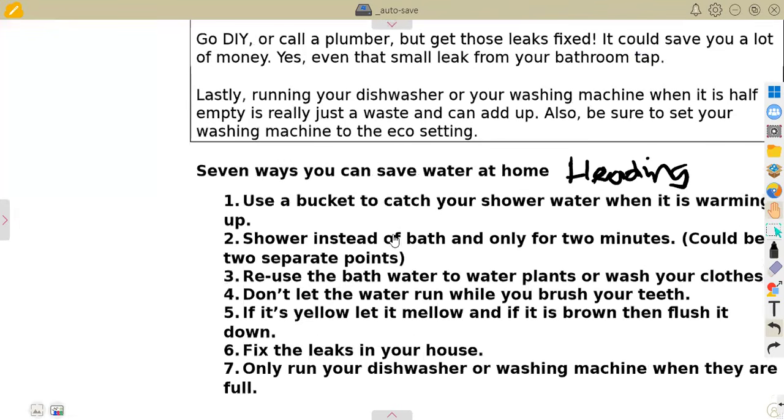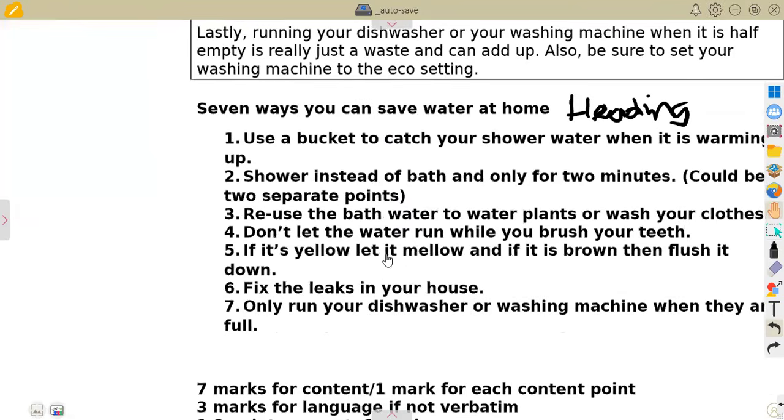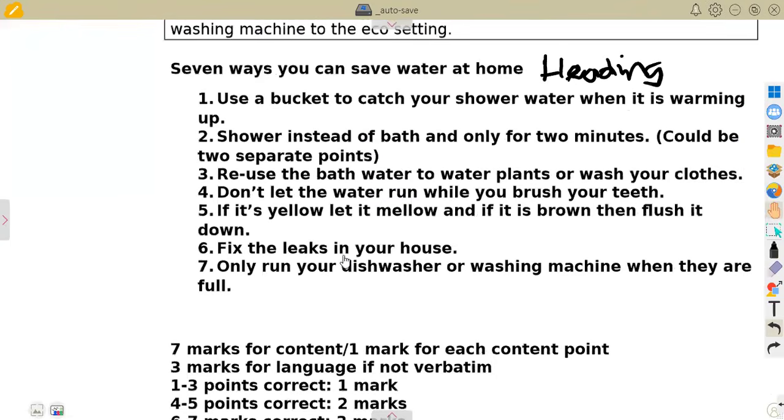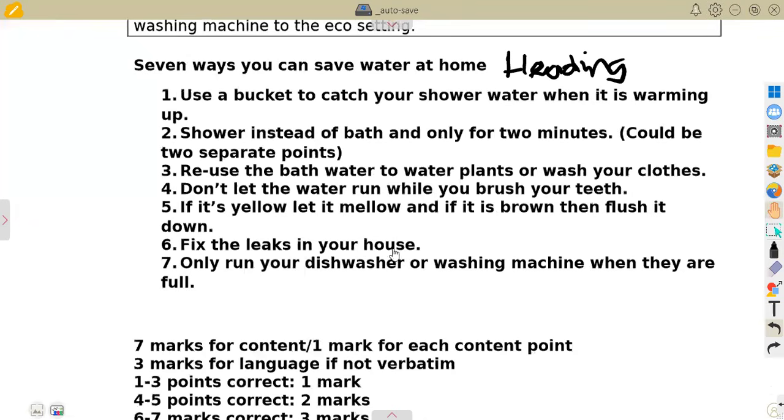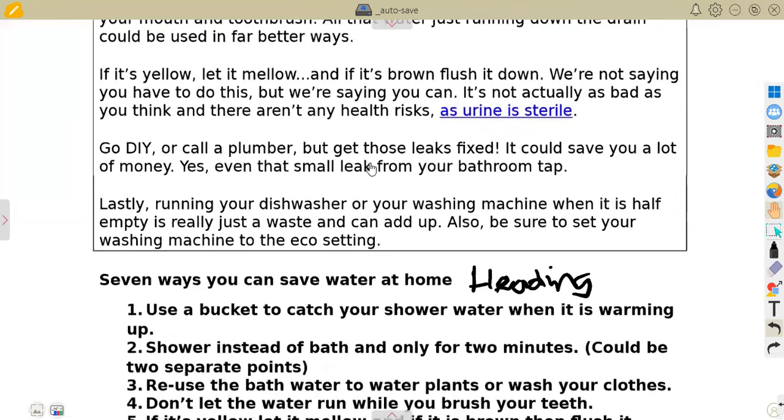Shower instead of bath and only for 2 minutes. So you see, these things, they are corresponding indeed because of what we have read there. We are putting it now in point form. And then number 3, they say use the bath water to water plants or wash your clothes.